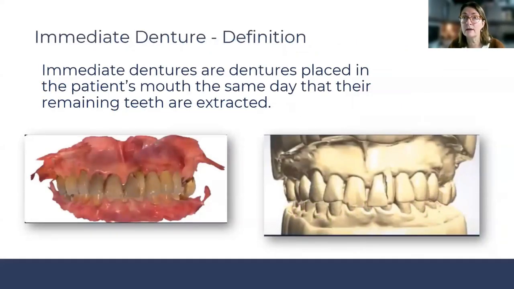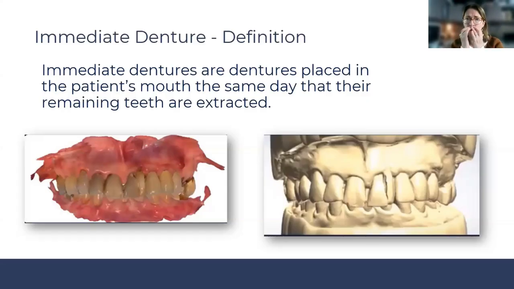Love, love, love scanning for immediate dentures. It's just the best. Most scanners scan off topography, meaning the lumps and bumps of the oral tissue, so it loves dentition. When scanning teeth for an immediate denture, it works out really, really well.